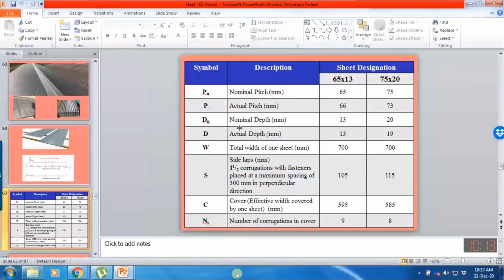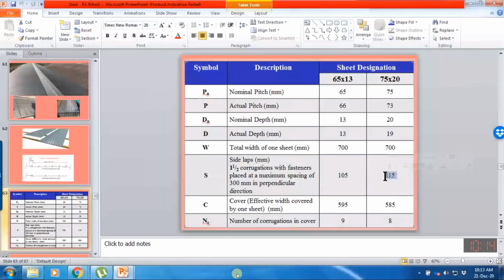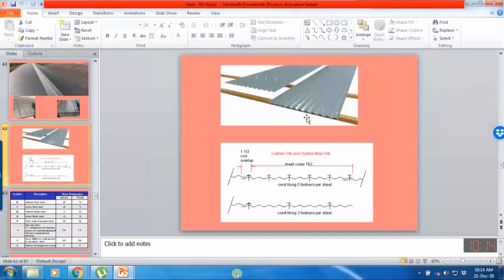Side lab is 1.5 corrugation, and 1.5 corrugation is 115, so 3 corrugation will be equal to 230. One corrugation is one times the pitch value. So 75 multiplied by 3 should be the spacing of the J bolts along this direction at each third corrugation, which is around 225.